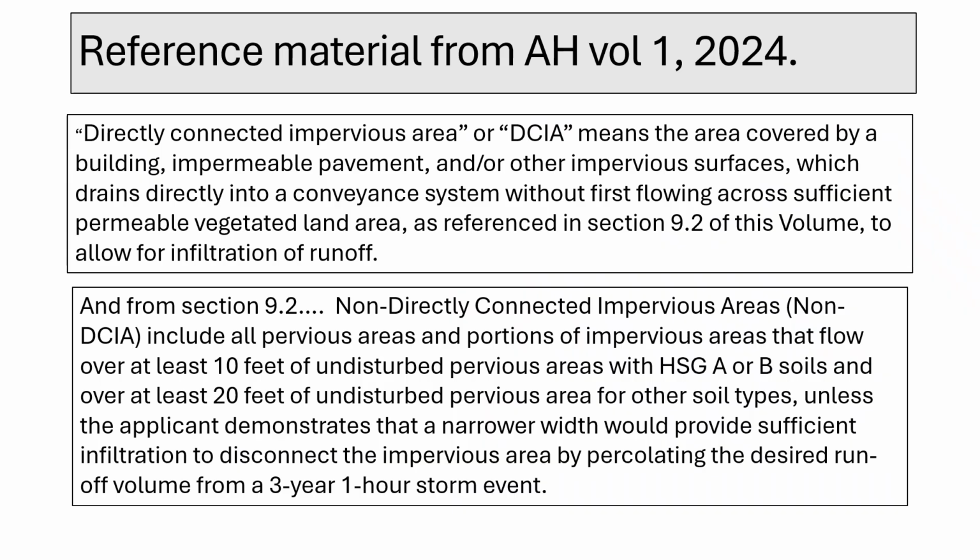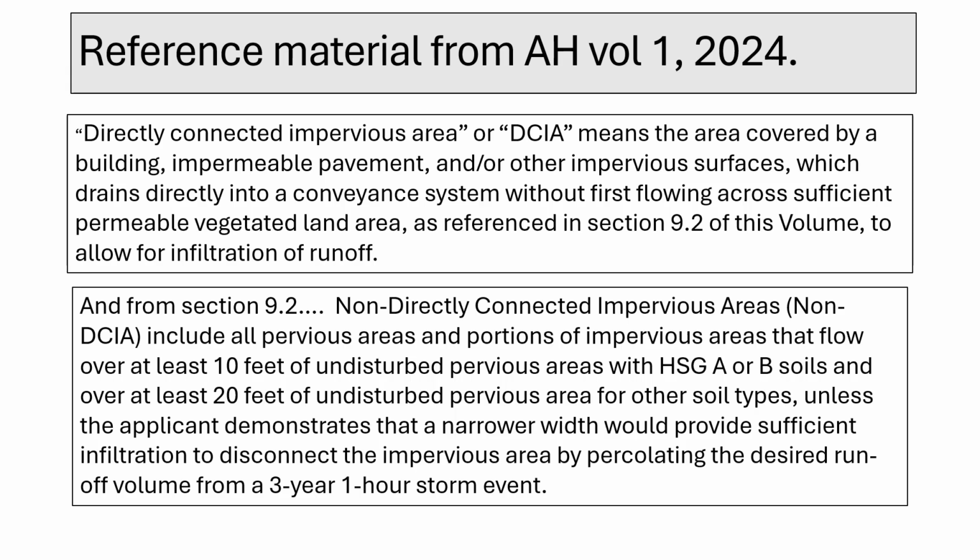The Applicant's Handbook, Volume 1, from June 2024, gives us a precise definition of directly connected impervious area, commonly referred to as DCIA. This includes buildings, impermeable pavement, and any other impervious surfaces that drain directly into a conveyance system without first flowing across sufficient permeable vegetated land.